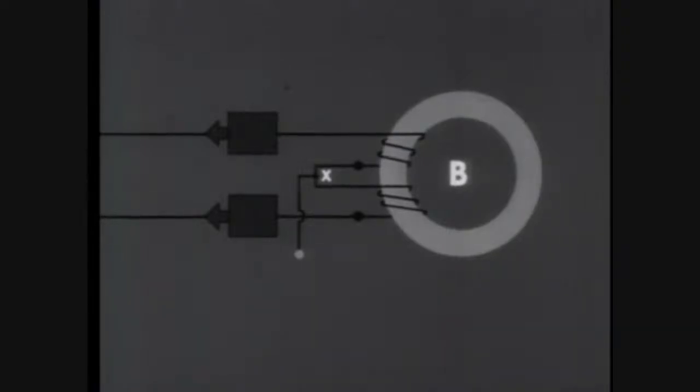Before we go into the complete operation of the loop, let's see how the split winding itself works when a pulse is applied. The current travels up to point X, where it divides into two branch currents. The upper branch comes into the dot side of the upper half of the split winding, producing a negative flux in the core.